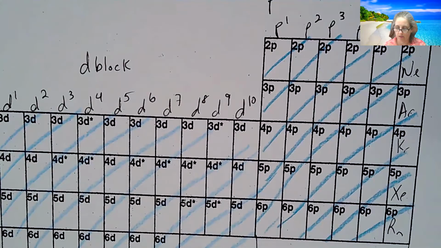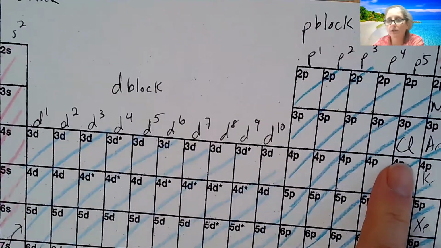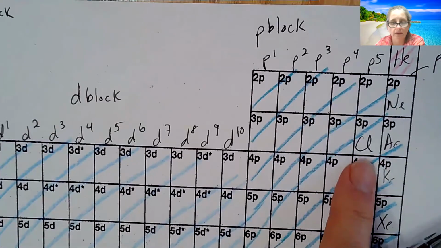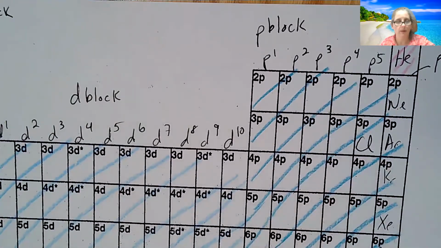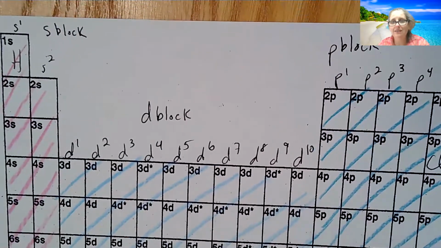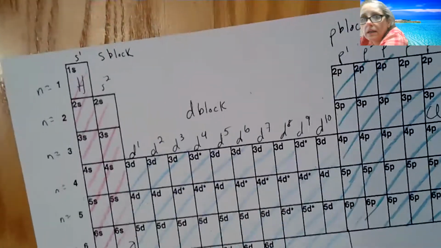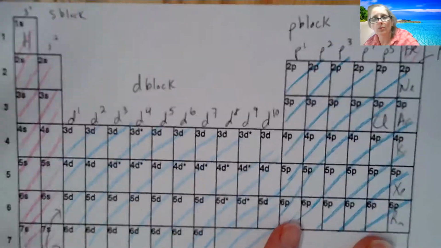All right, so I'm going to start with Cl, chlorine, over here. Again, it would be helpful if you have a real periodic table. If I want to do chlorine's electron configuration, I can use this block system to figure out the proper order.